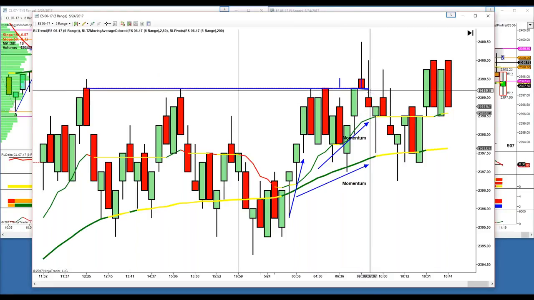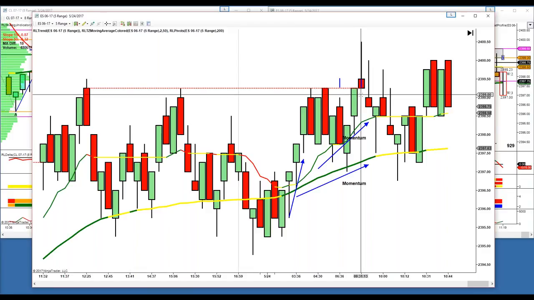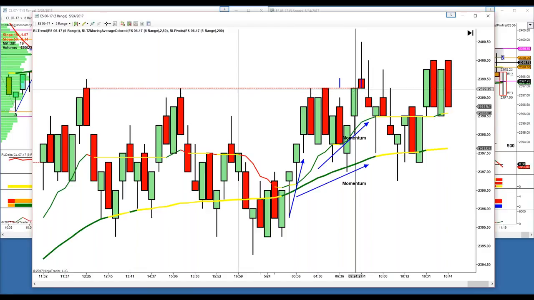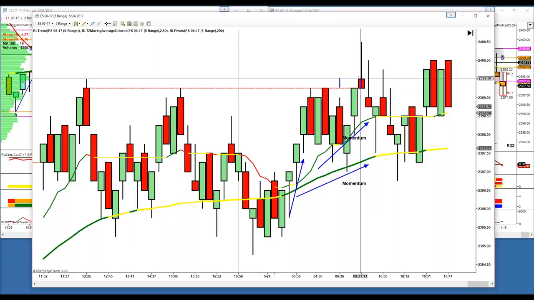And because it did, the pivot stopped tracing. It's gone. And that's really, really critical. It's not a question of price breaking the pivot. It's a question of a 2/3 candle body closing above the pivot.